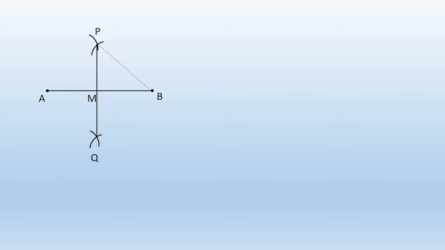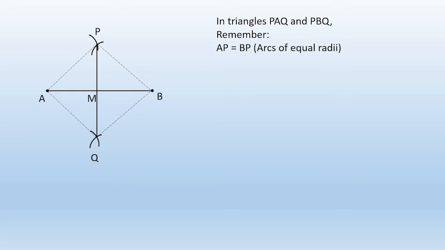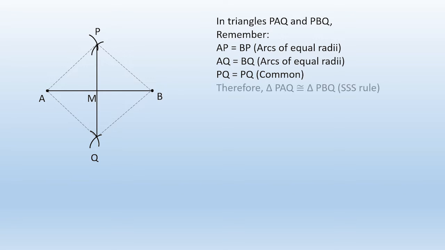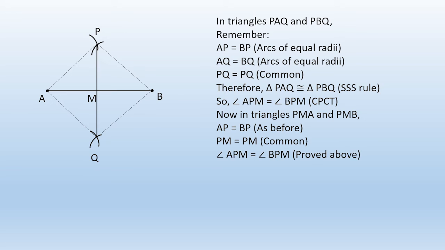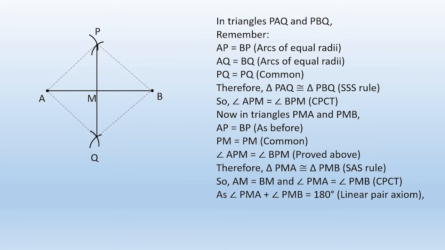Then we have to mark the points where these arcs intersect as P and Q. Number 3. Then we have to draw a line connecting P and Q, meeting AB at M. The requisite perpendicular bisector of AB is then line PMQ.